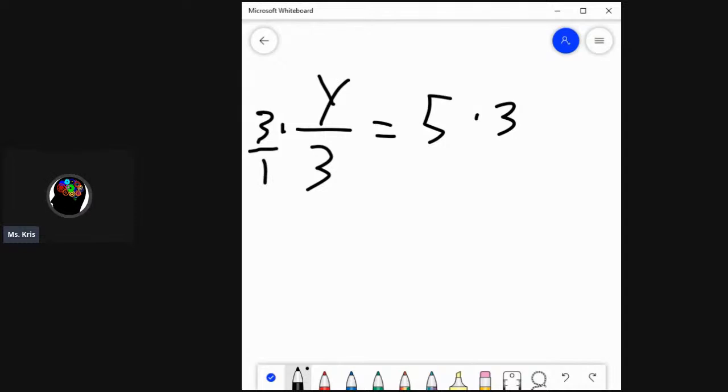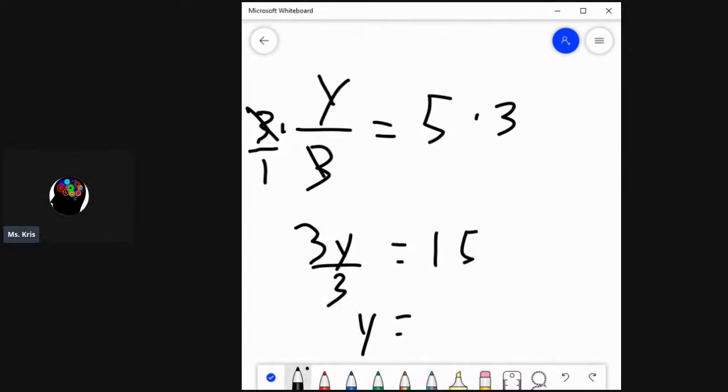So when you're multiplying a fraction and you take the whole number and put it over 1, you then can multiply across, which will give you 3y over 3, or just cancel out the 3's, and that will still give you y. Now, once you cross those out, 5 times 3 gives me 15.